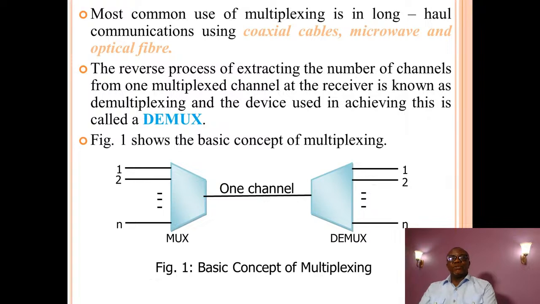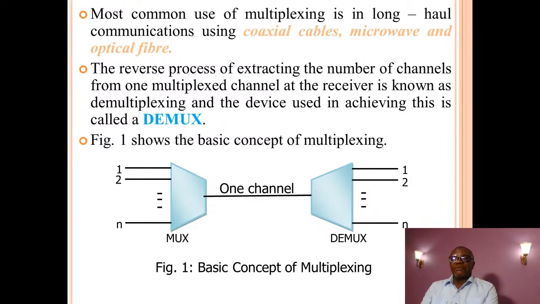Now, most common use of multiplexing is in long-haul communications using coaxial cables, microwave links, and optical fiber technology. So, when we say long-haul, most of the time, you can use your computer to communicate with another computer nearby or within a vicinity.